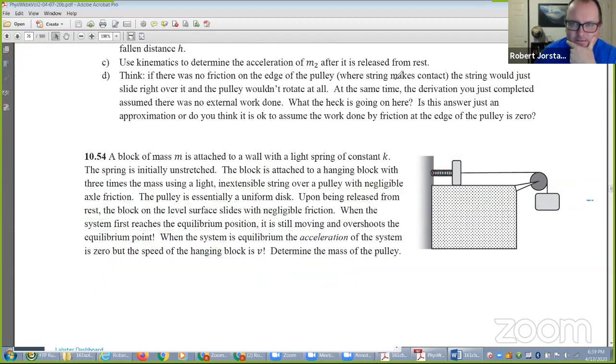I'm going to clear this out. Equilibrium position. You're supposed to know equilibrium means force net equals 0. All right. So if force net equals 0, well, there's going to be a block here with a 3mg.